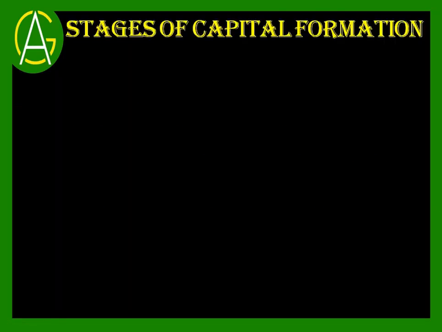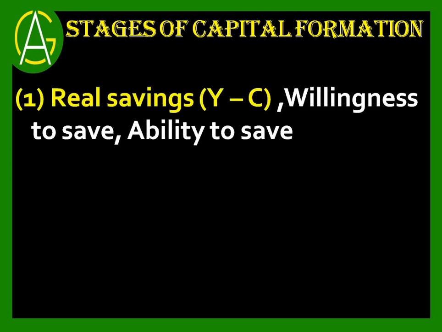Now the stages of capital formation, how capital formation takes place. Let us understand. The first stage of capital formation is real savings. Real savings is Y minus C. Y is yield, C means consumption. Now yield minus consumption, whatever remains is considered as real savings. But this real saving depends on two factors.